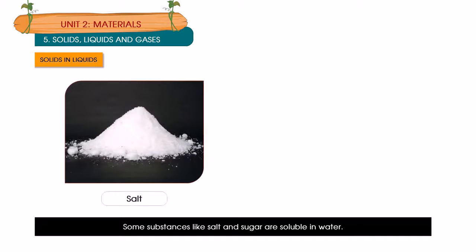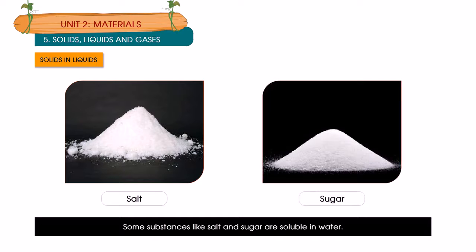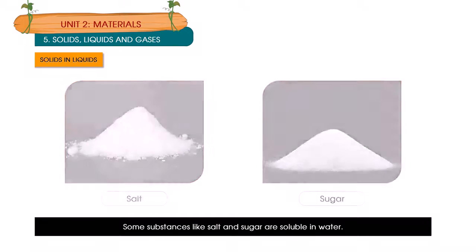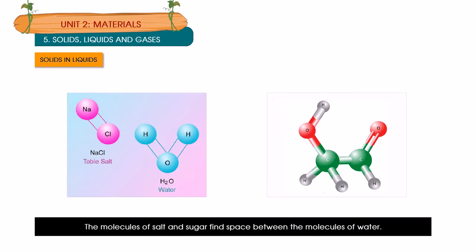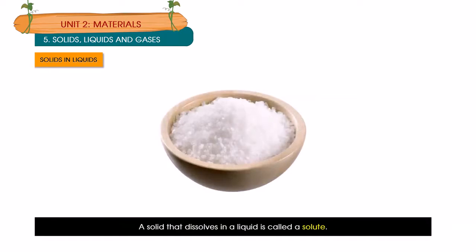Solids in liquids. Some substances like salt and sugar are soluble in water. The molecules of salt and sugar find space between the molecules of water. A solid that dissolves in a liquid is called a solute.